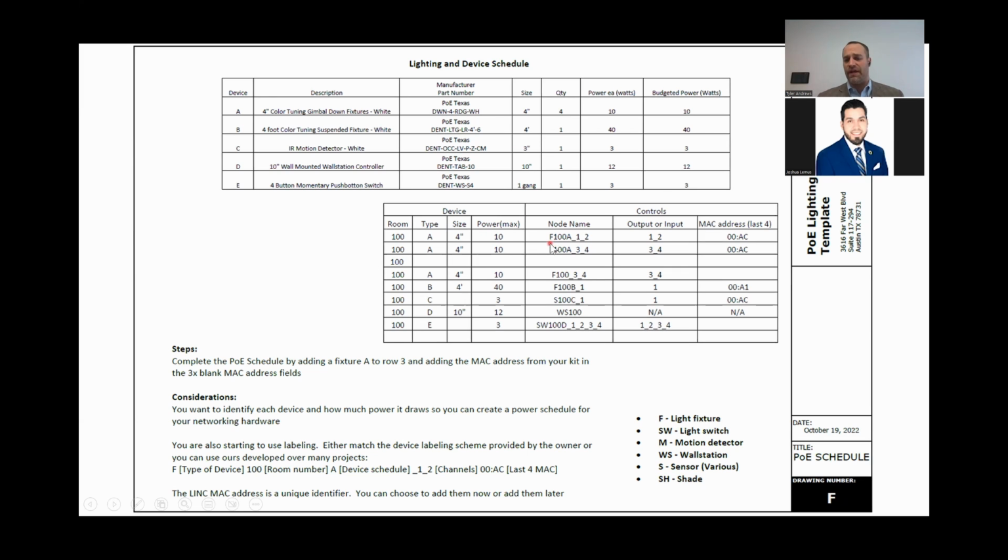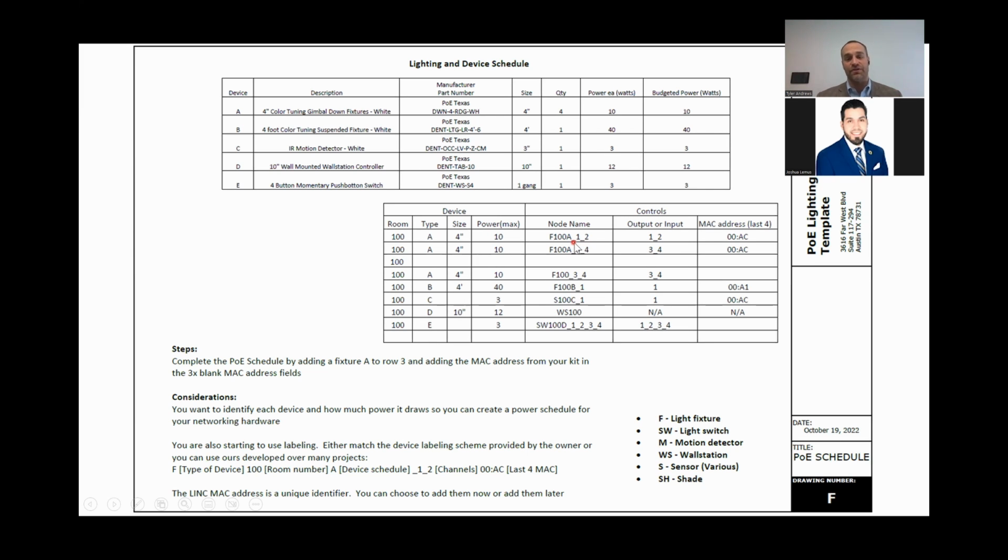Then we'll put first an identifier. It tells him what type of device he's thinking it's going to be. It's a fixture. Then he gets the room number 100. Then he puts the type of fixture in room 100, which should be type A.